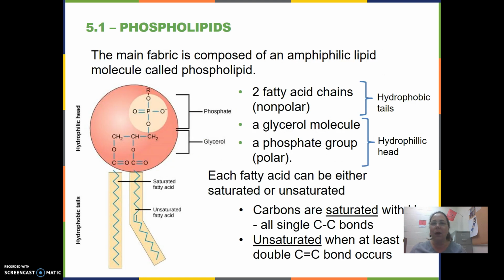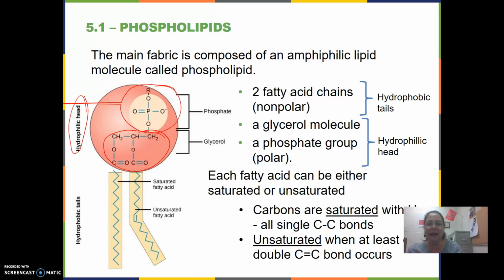The main component of the plasma membrane is a phospholipid, which we did discuss in Chapter 4, has a hydrophilic head. That is the phosphate head, which is really a phosphate group, combined with a glycerol. And a glycerol is one of the components of a lipid.